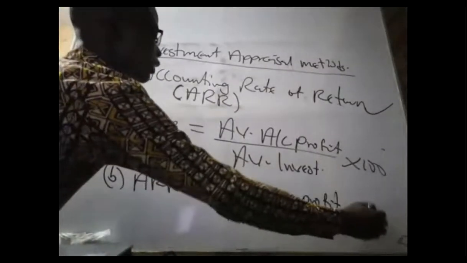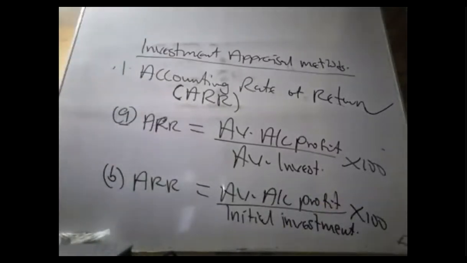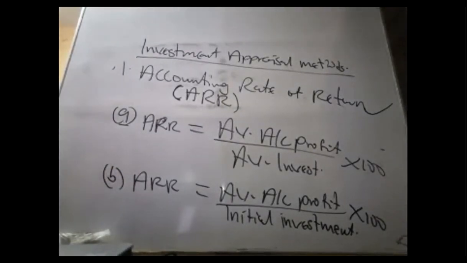Again, times 100. So these are the two formulas for the accounting rate of return. A good examiner will tell you which one to use.